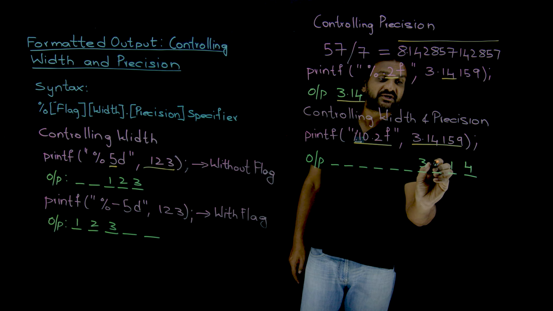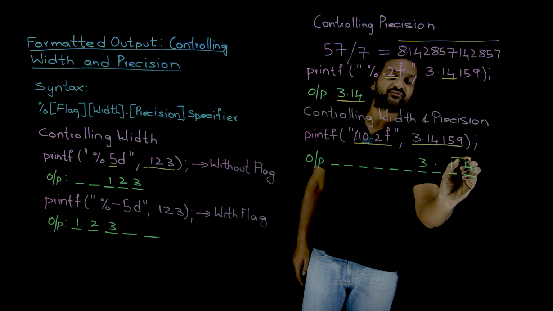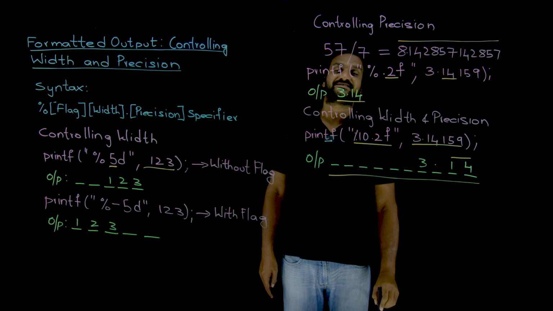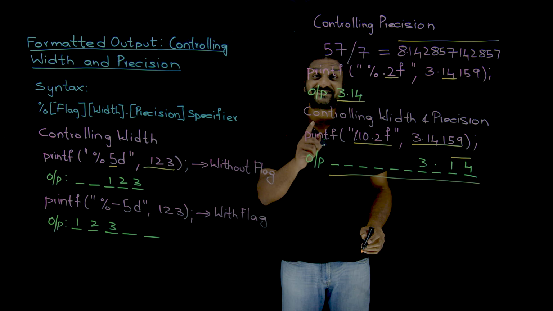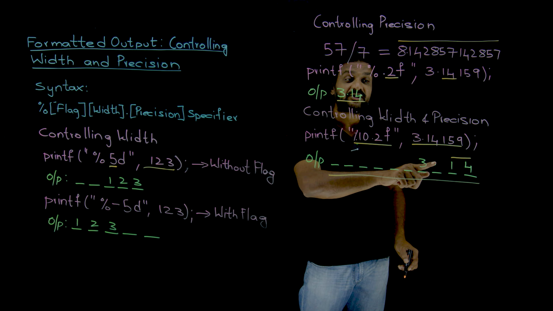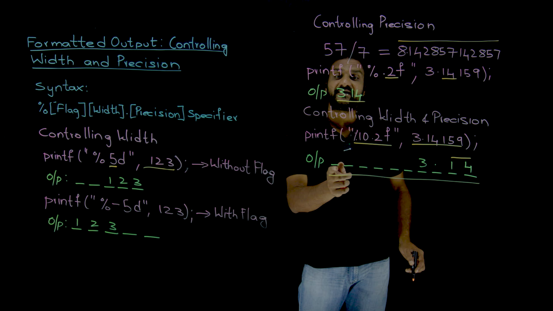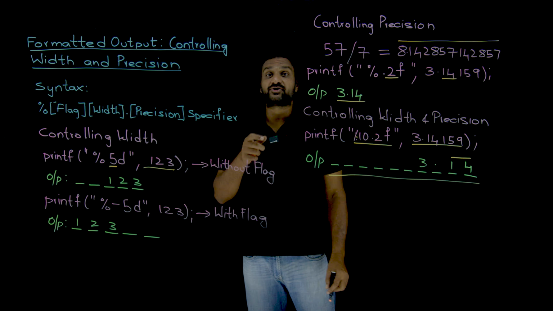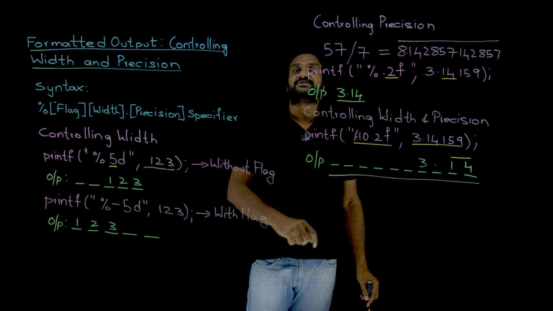Now after the decimal point we are going to have only two digits, the minimum width is 10 spaces, and it is right aligned. What if I want the same output to be left aligned? All you need to do is give a minus symbol. It is a flag. By that we can control both the width and the precision.